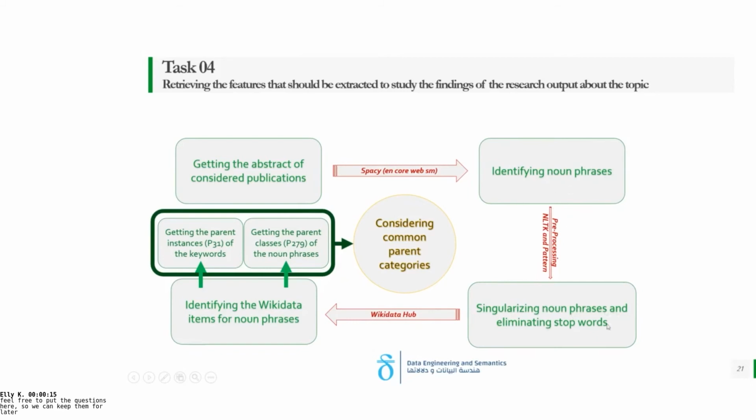And using Wikidata Hub, the service that I explained earlier, which allows getting Wikidata items based on their name or on their external identifiers, we can get the Wikidata identifier for the noun phrases, and then we assign them to their parent classes thanks to instance of and subclass of relations. Then we get class-based clustering of the words included in the study.